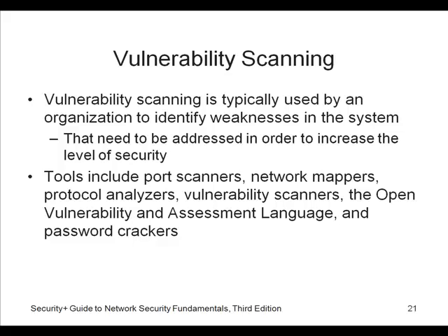And there's lots of things out there to do that. Tools include port scanners, network mappers, protocol analyzers, vulnerability scanners, the Open Vulnerability and Assessment Language, OVAL is the way you see that abbreviated, and password crackers. We've talked about password crackers. We're going to use port scanners, and they talk about a network mapper.